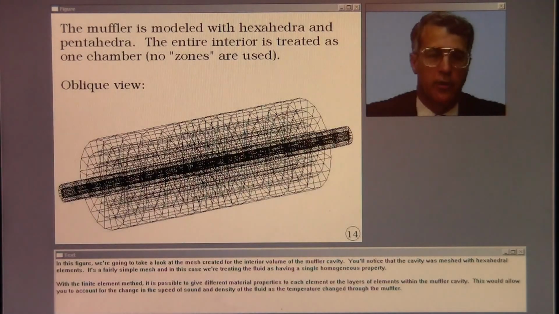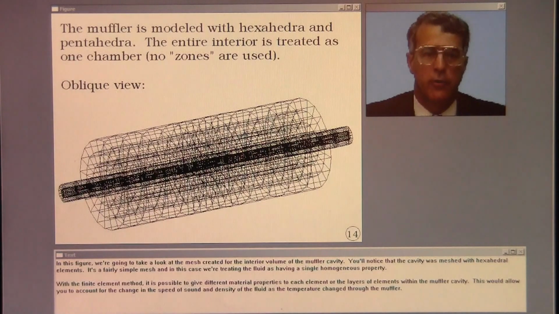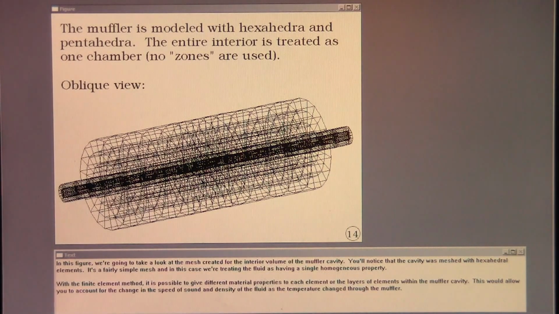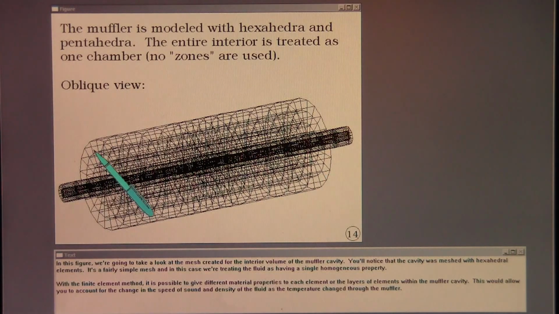In this figure, we're going to take a look at the mesh created for the interior volume of the muffler cavity. You'll notice that the cavity was meshed with hexahedral elements. It's a fairly simple mesh, and in this case, we're treating the fluid as having a single homogeneous property.